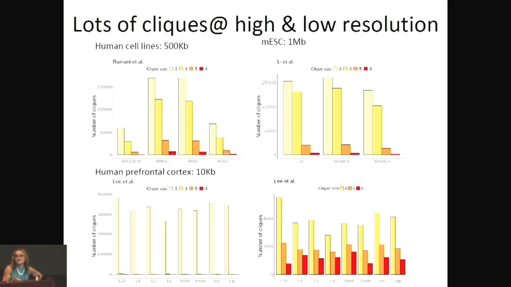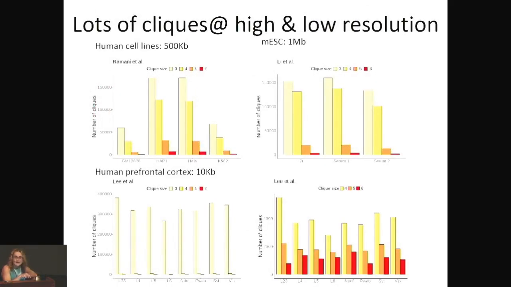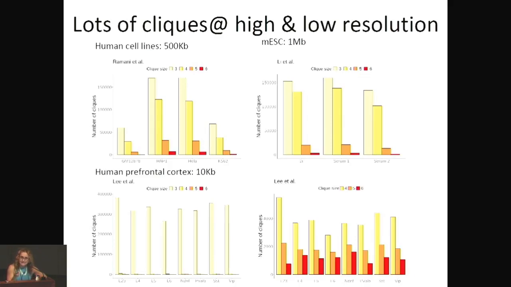But that's still pretty promising because if we were to figure out which of these cliques are not happening by chance, then we would have our candidate multi-way interactions that we can utilize to interrogate GWAS or molecular QTL data sets. Okay, so if we can enumerate these, which we can, then the question becomes, given a candidate clique, can we identify whether all the pairwise interactions we are seeing in that clique are much higher than expected by chance?